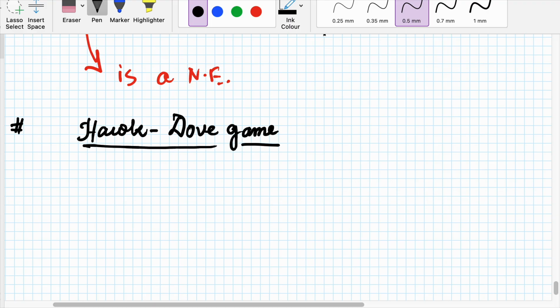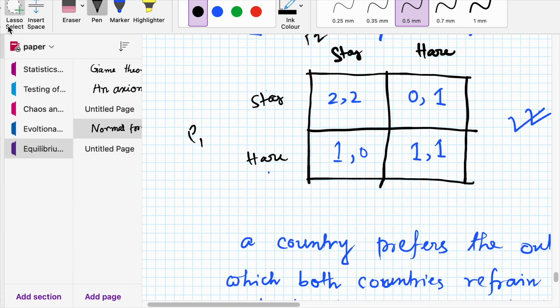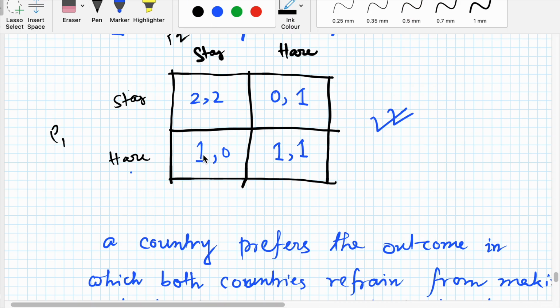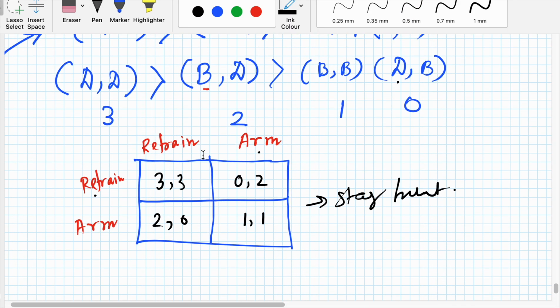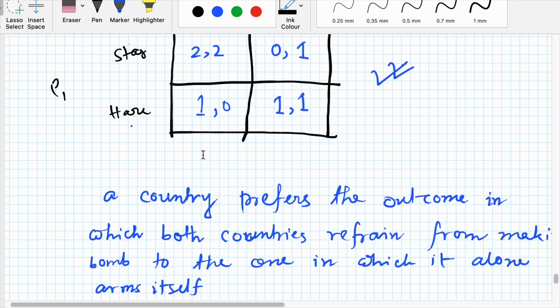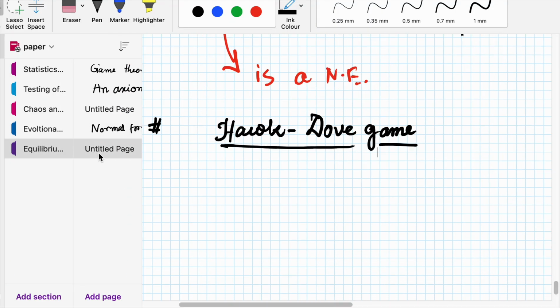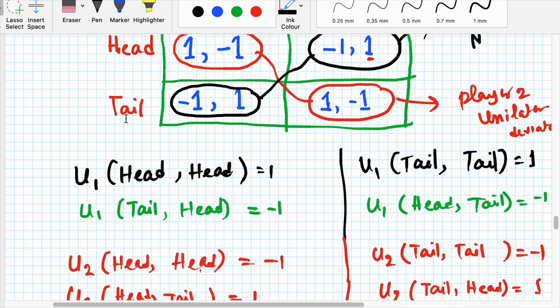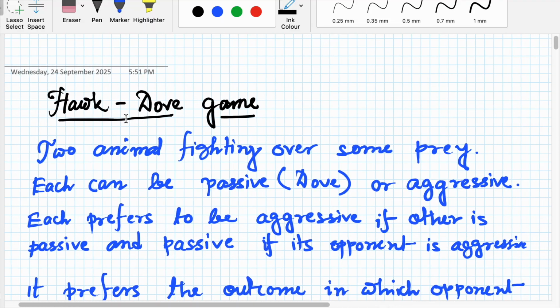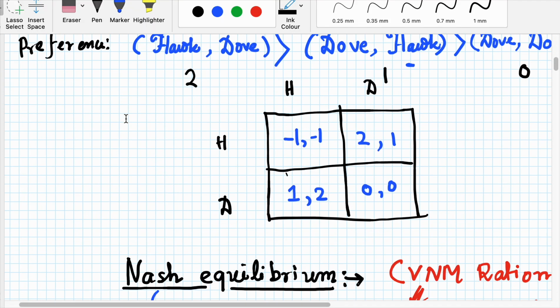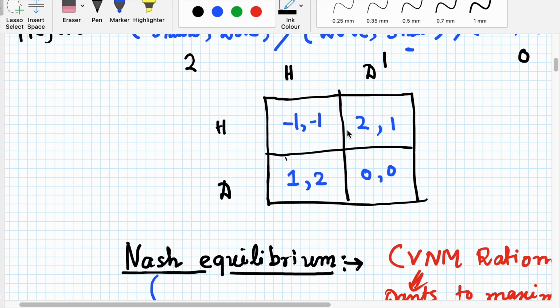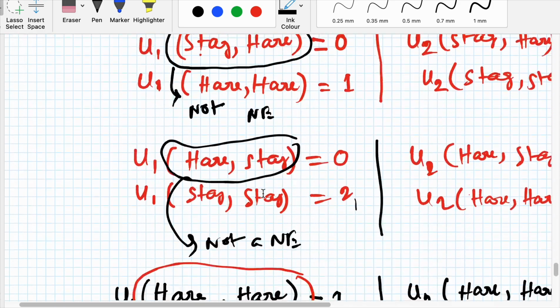So let me go back to the previous class and see what the payoff of the hawk-dove game is. The payoff of the hawk-dove game is -1 -1, 1 2, 2 1, 0 0.